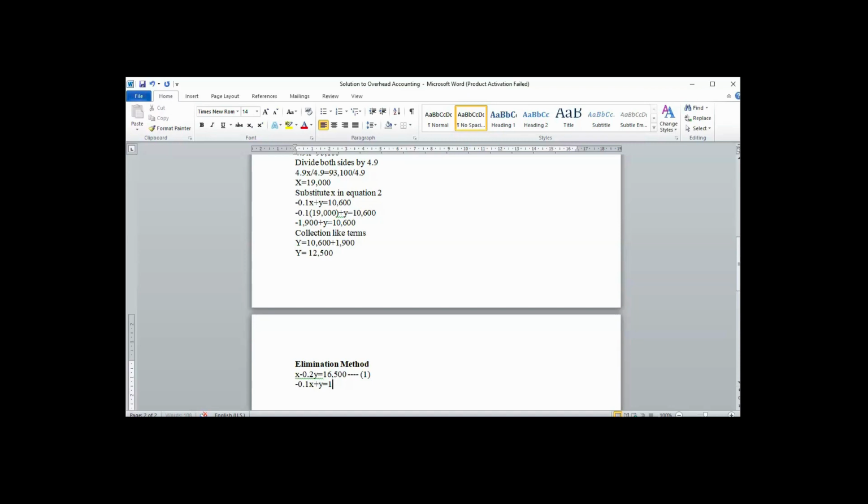This is our equation 2. I think there's no problem with this one up to this level.